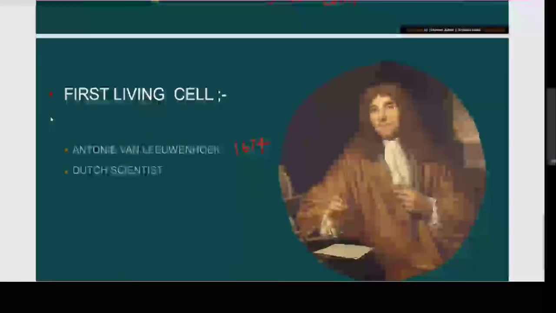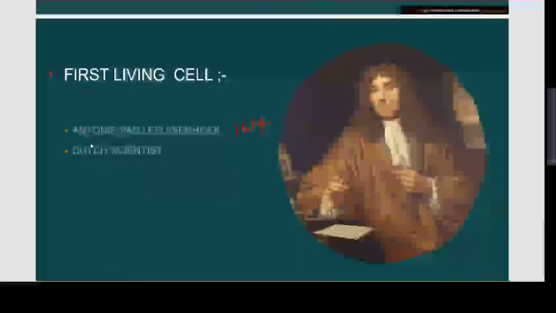The next topic is, who discovered the first living cell? The picture shown here is of Antony van Leeuwenhoek, and he discovered the first living cell in 1674. He was a Dutch scientist.